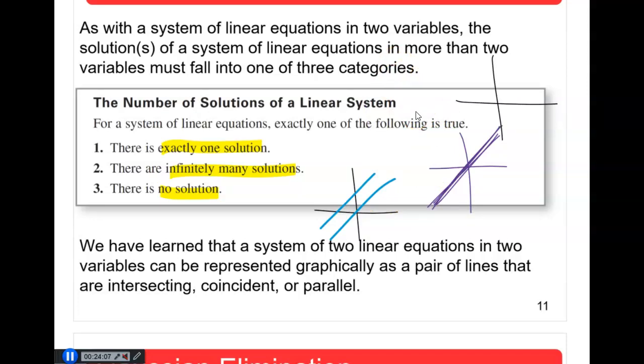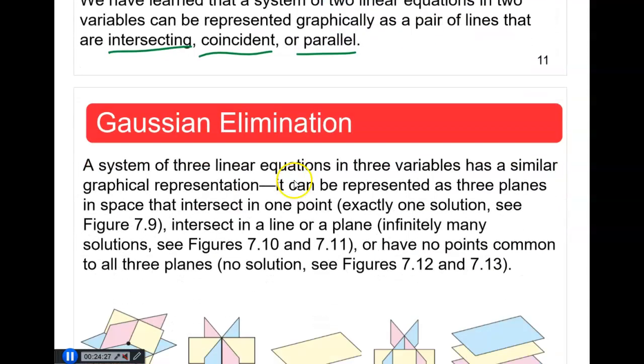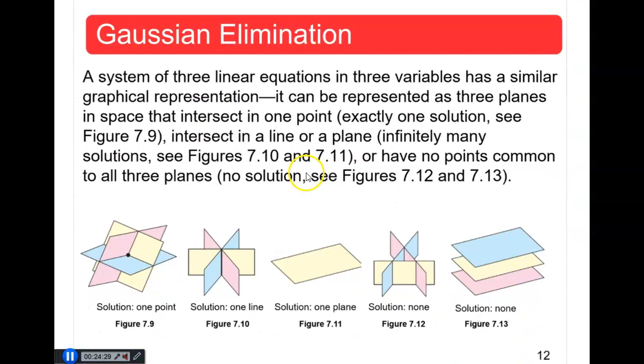Okay, so let's do 2 equations, different colors, so it makes a little more sense. So they're intersecting here. So we have the ones that intersect, the ones that are coincident, and the parallel. Okay, so here it goes. This is how they look in a 3 by 3 system.